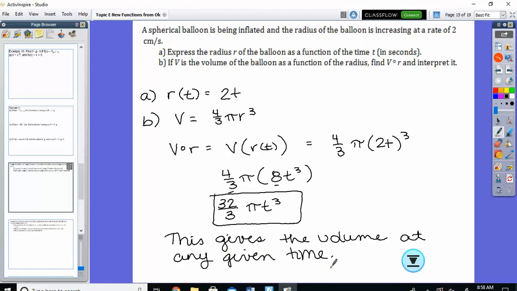So you just found a formula so that if you know how long we've been inflating the balloon, you can quickly calculate the volume, how much air is in that balloon. Is that okay with everybody?